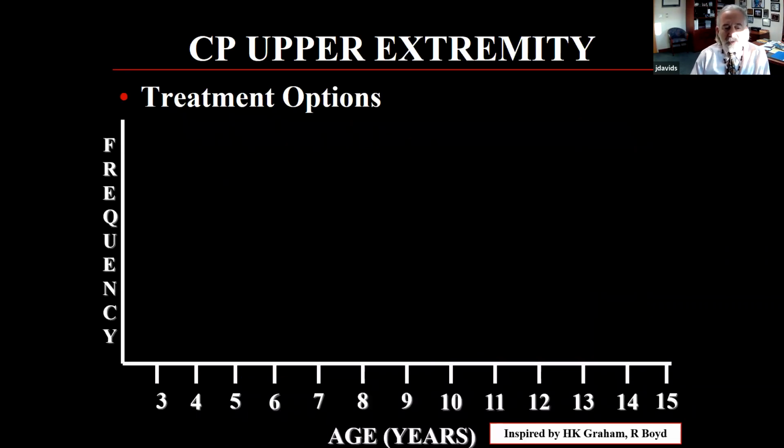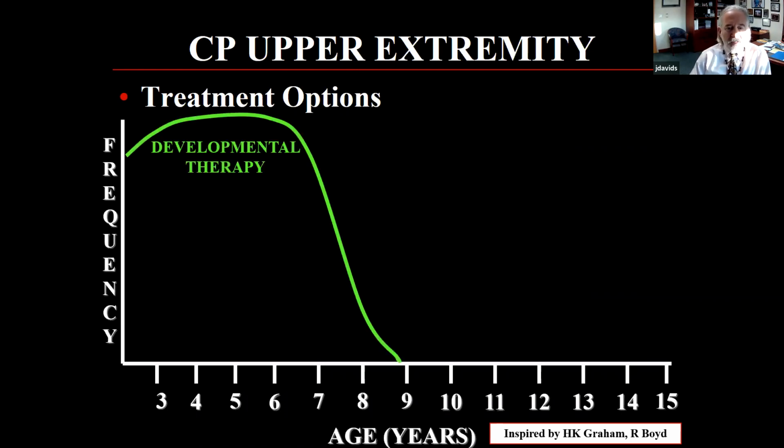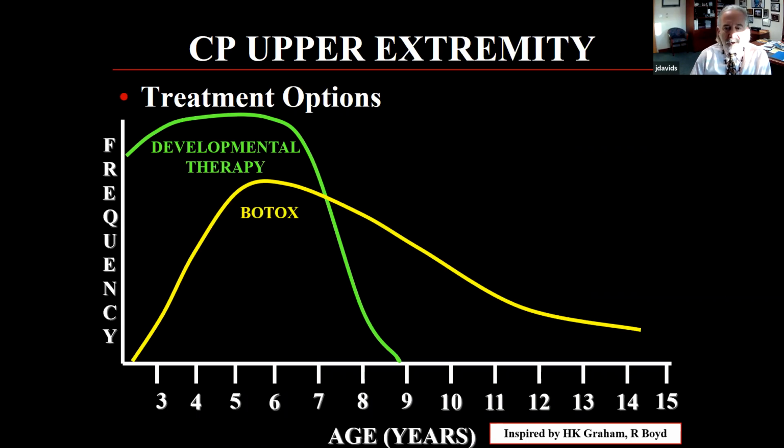If we look at age on the horizontal axis and consider the frequency of the various treatment options on the vertical axis, we see that developmental therapies are most appropriate in the early years. We see Botox as primarily a bridge therapy to get from younger age to an older age where more definitive interventions can be performed.